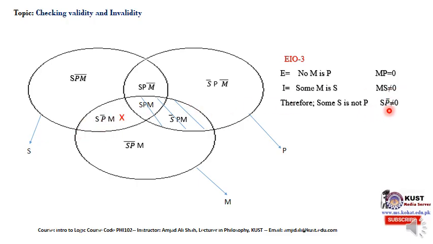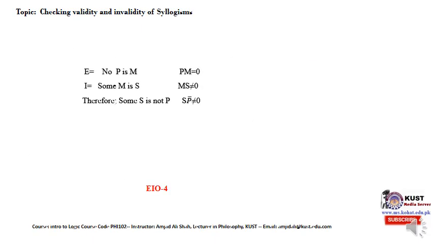And the conclusion says SP bar is not equal to 0, that there should be X present in the clause of SP bar. Now we see X in the clause of SP bar. This is also the clause of SP bar. If it's present in either of the clauses, still it is considered as valid. So EIO3 is valid.